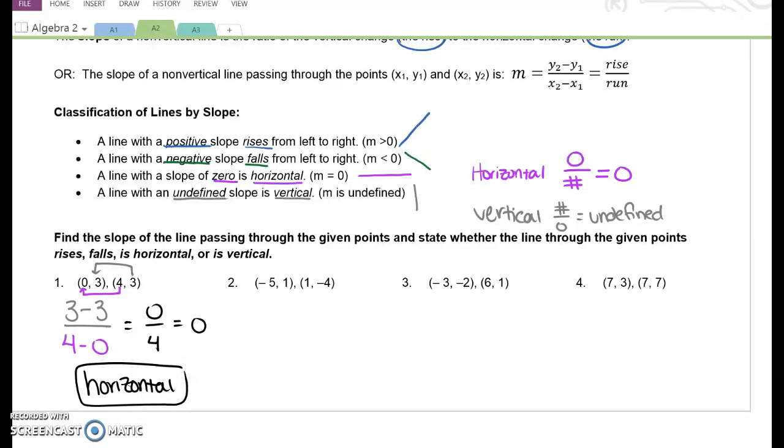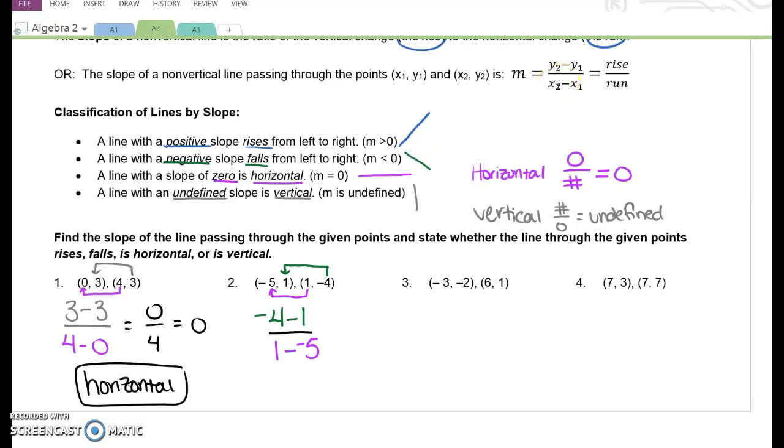Number 2, we need to subtract the y's on top. So negative 4 minus 1. We need to subtract the x's on the bottom. 1, how do I finish this? 1 what? Minus negative 5. The slope formula involves subtraction.